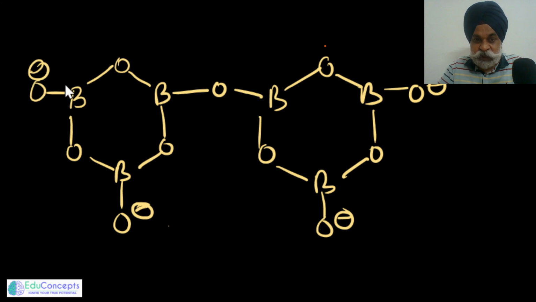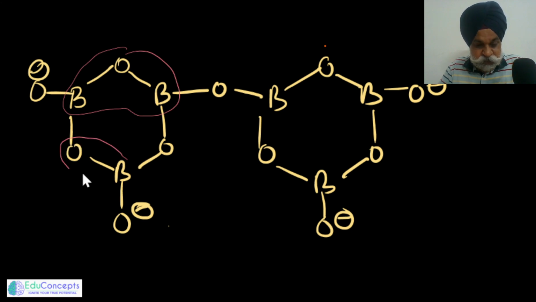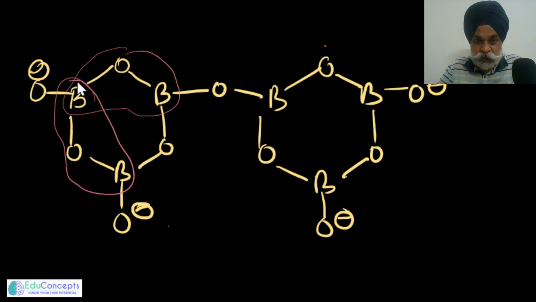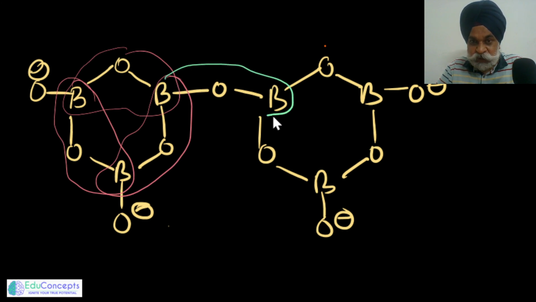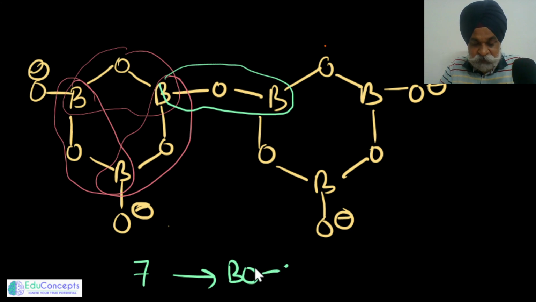Now if I have to mark how many BOB bonds I have got, so one, this is one, this is the second one, this is the third one, and similarly 3 on this side, and 1 is this one. So total BOB bonds become 7 in number.